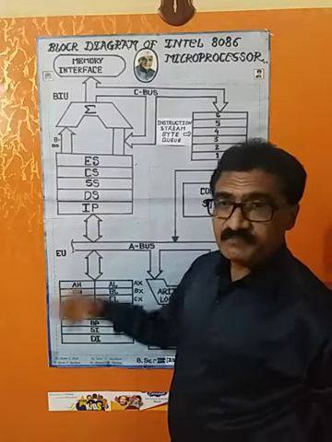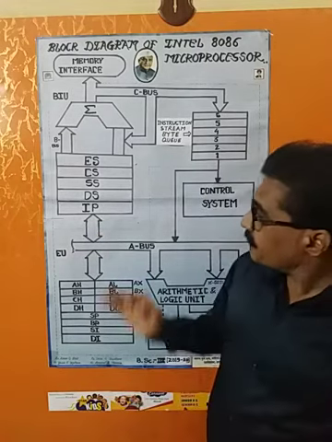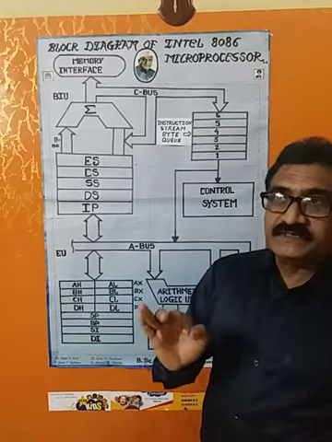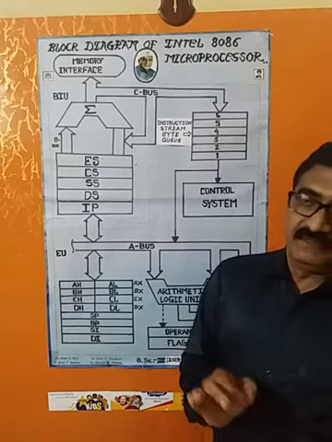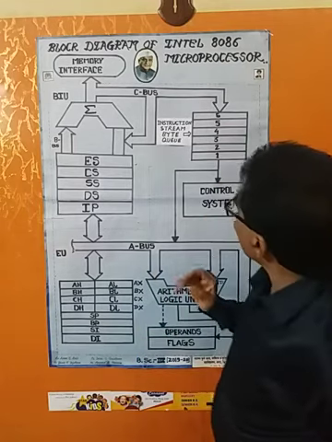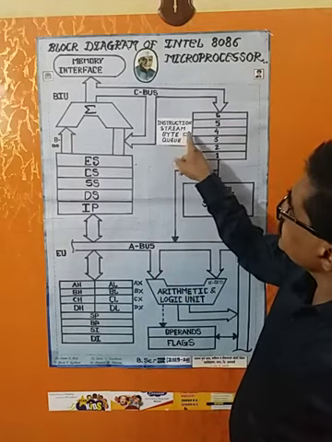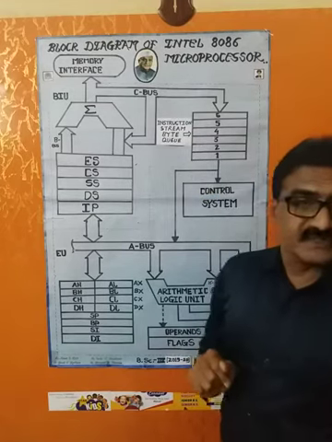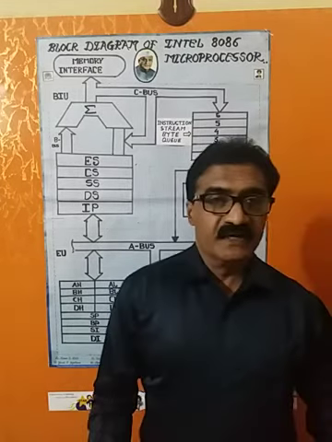The instruction pointer works like the program counter register available in the 8085. Similarly, in this case, there is a 6-byte instruction queue.